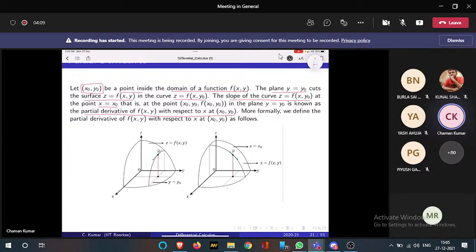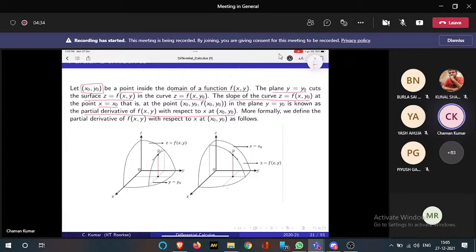So this curve will be a function of just one variable, the variable x. And then you know how to calculate the derivative of a function of one variable. This will be the partial derivative with respect to the variable x at point x naught, y naught.